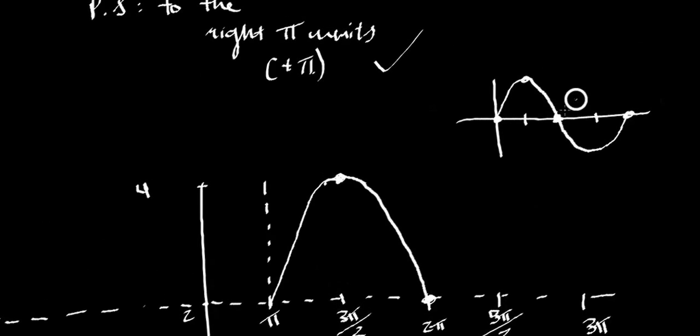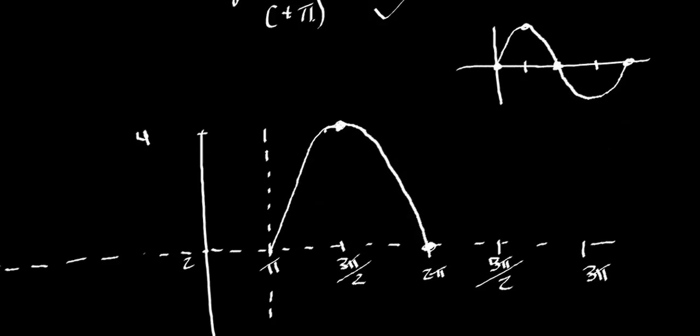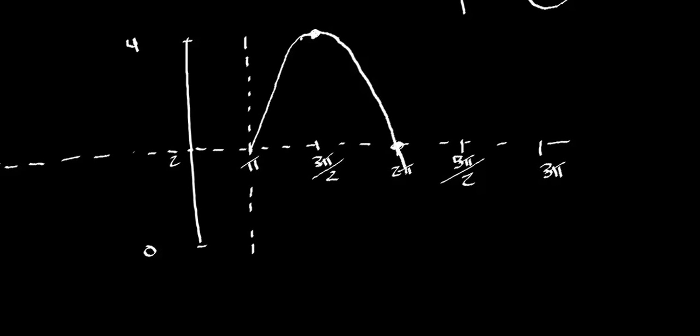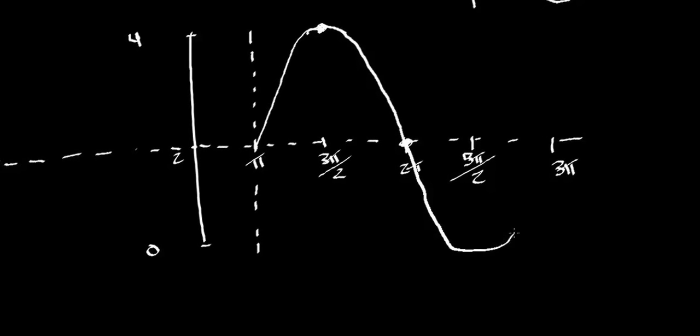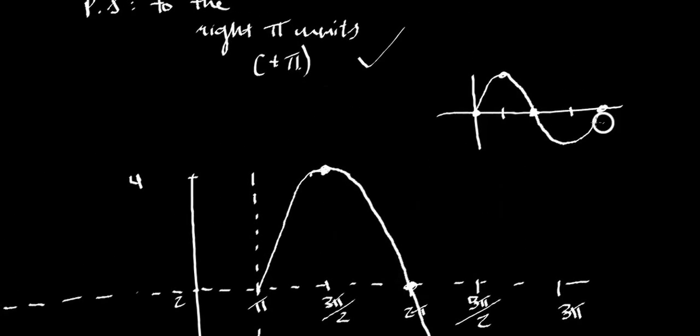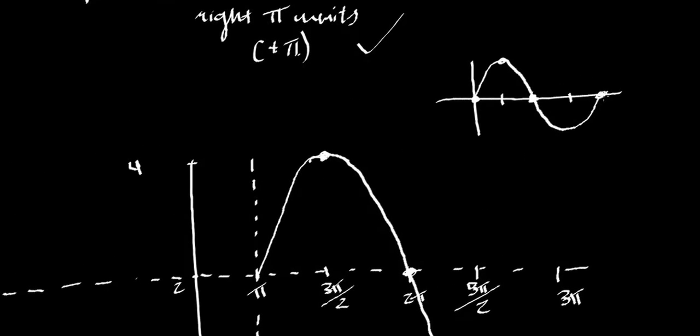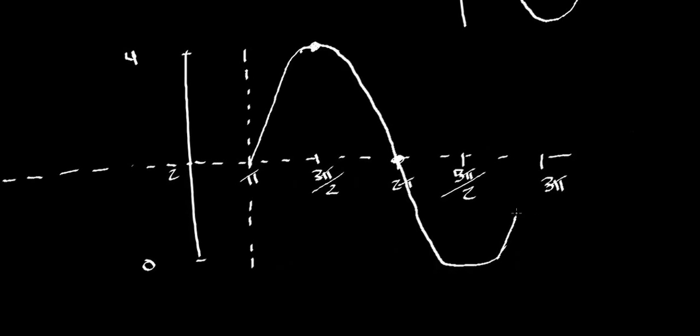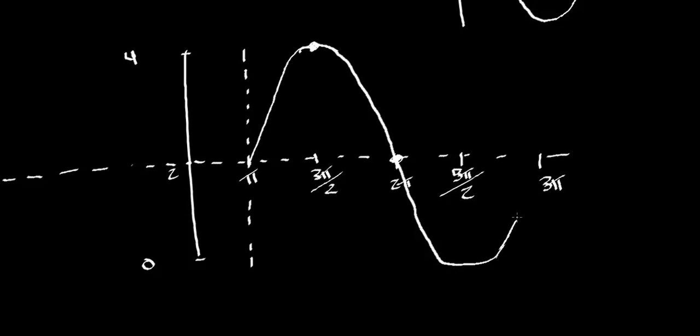And then from here, we go down to our minimum at 0. That's a terrible graph. And then we come back to our 0, the last point, which is 3 pi.